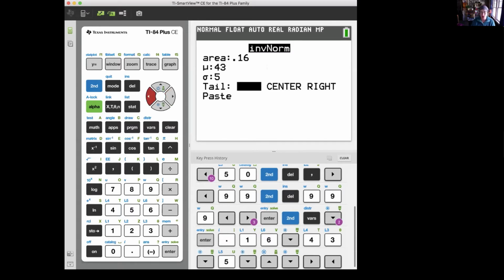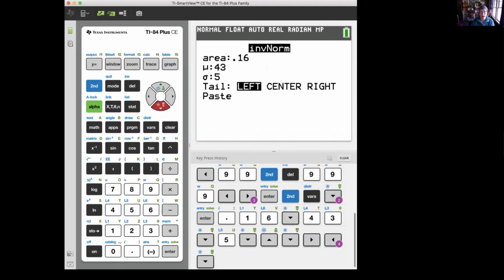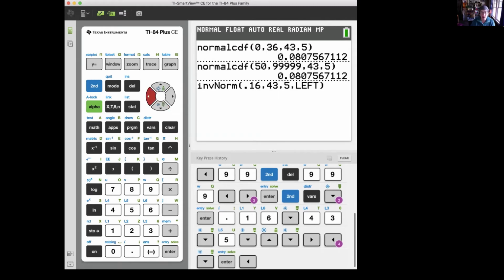Most calculators don't have this. This is a new addition for the CE versions. So we want to find the left one. If you don't have this menu option, it only knows how to find the left one. So we're going to paste. If you don't have this option, what you're going to have on your screen is going to look like that.